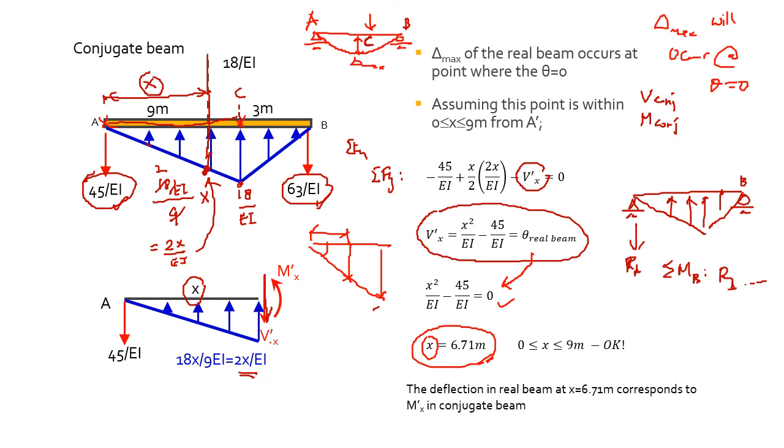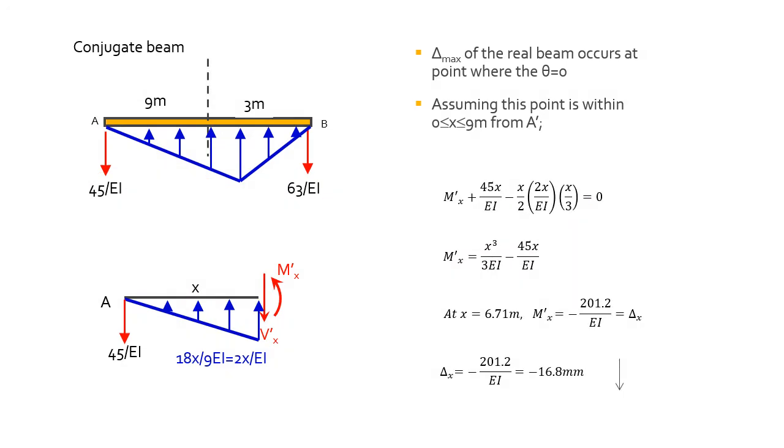Then what you can do is find the moment at X equals 6.71. You sum the moment about that point, using the same free body diagram.